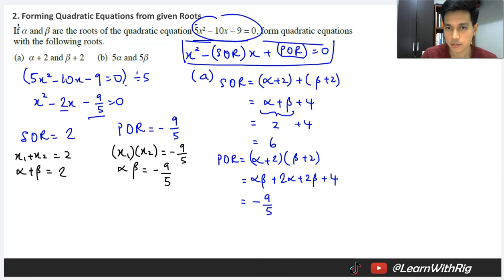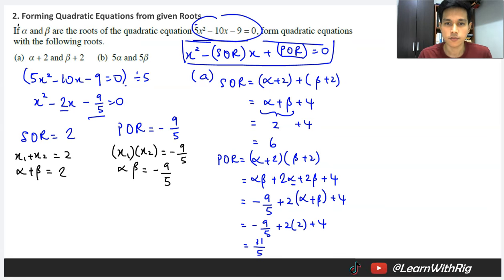Now here you don't have alpha and beta on their own, but you can factorize these two. When you factorize, it gets 2 times alpha plus beta, plus 4, correct? So now you can substitute this, which is 2. So negative 9 over 5 plus 2 times 2 plus 4. When you count this, you should get 31 over 5.